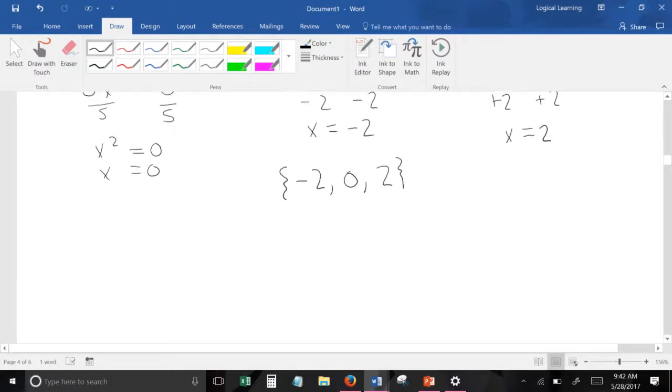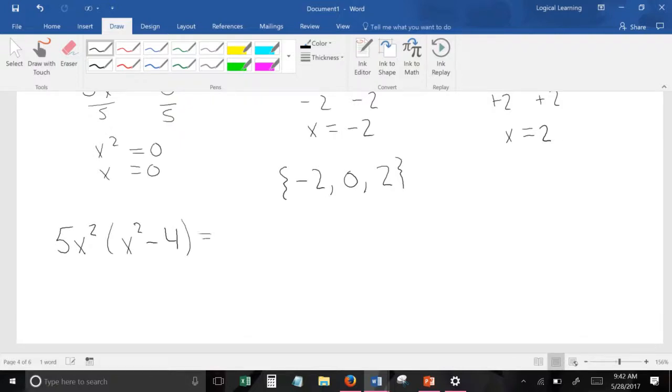And I want to point out that if we didn't take the difference of squares here, if we just went ahead and used the zero product property straight off, we would have 5x squared equals 0 and x squared minus 4 equals 0. So again, this will give us x equals 0. This one, we add 4 to both sides and we get x squared equals 4.